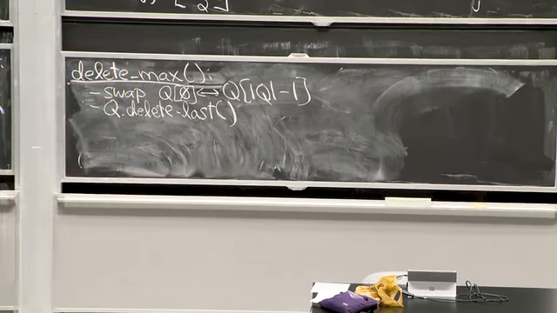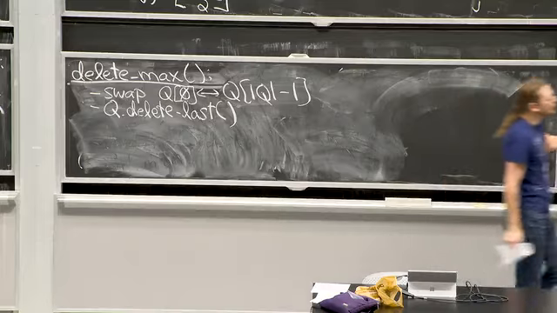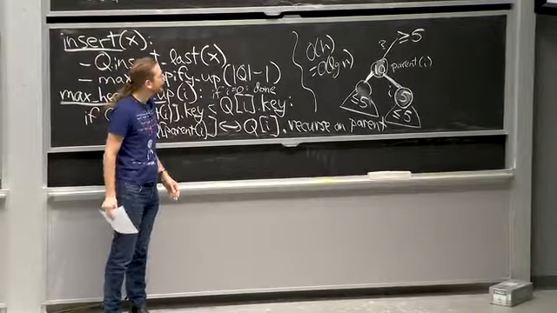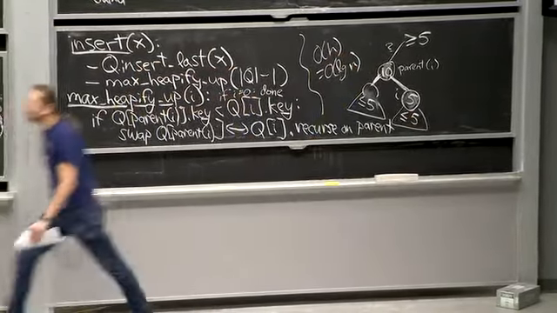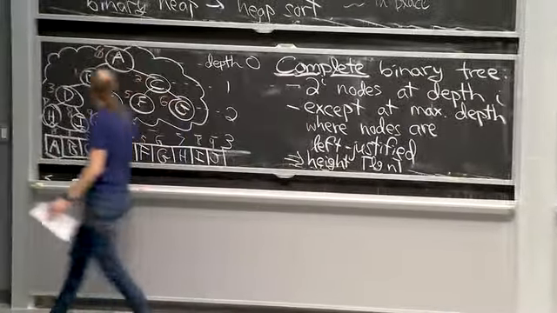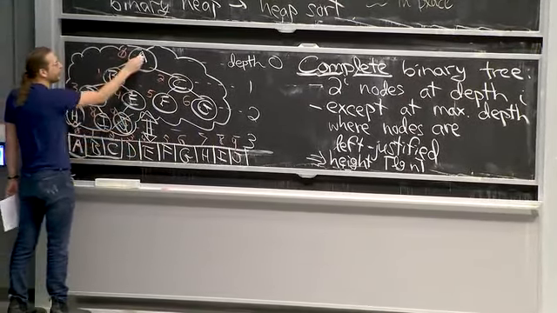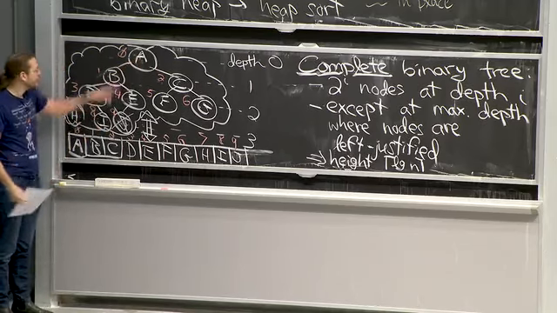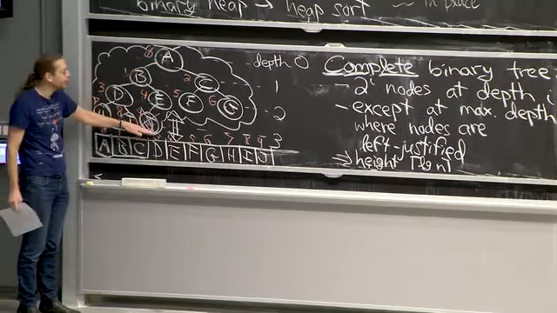Of course, we may have also messed up the max heap property, just like we did with insert. So with insert, we were adding the last leaf. Now what we're doing is swapping the last leaf with the root. Let me go back to this tree. What we did is swap item j with a, and then we deleted this node. The problem is now that the root node has maybe a very small key, because the key that's here now is whatever was down here, which is very low in the tree, so intuitively that's a small value.